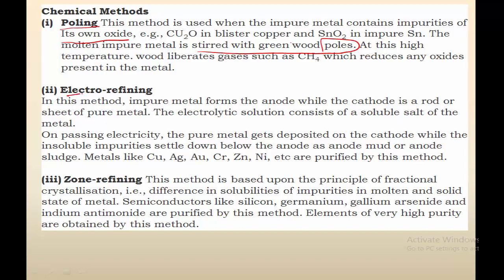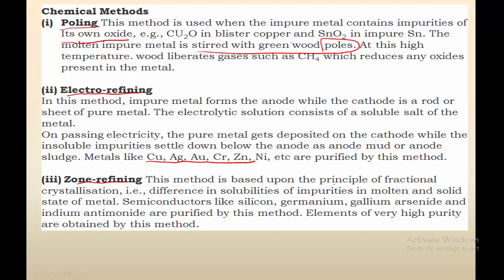Next, another one is electro refining. Here the electrolysis process takes place and electrolytic reduction occurs, and the metals which can be purified or refined by electrolytic refining are Cu, Ag, Au, Cr, Zn, nickel, etc. Then the third one is zone refining.